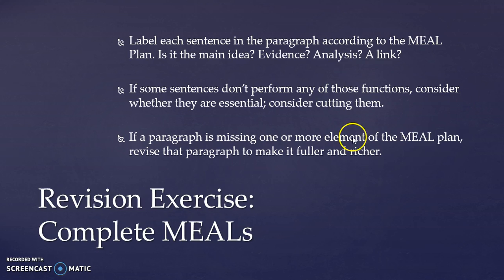And probably even more importantly, if you have a paragraph that doesn't have a main idea, or doesn't have any evidence from the text, or gives a lot of evidence but doesn't analyze it, or has M, E, and A but doesn't link back to your big idea in the paper, you have to revise that paragraph so that it feels more complete.